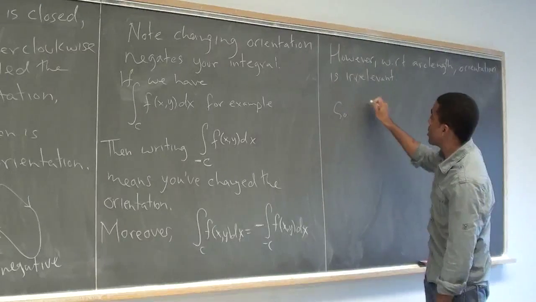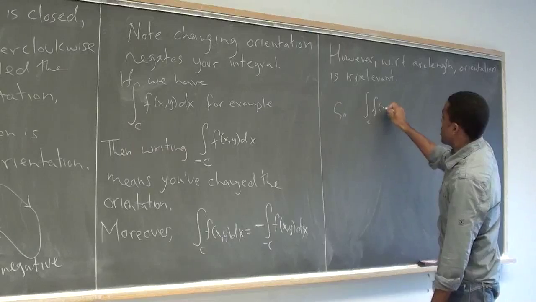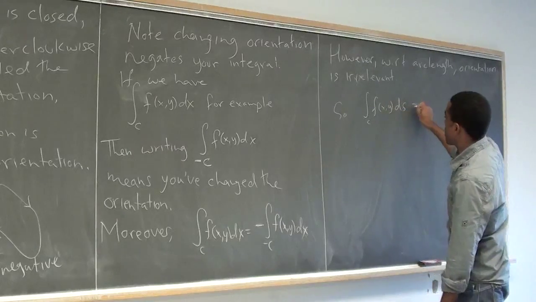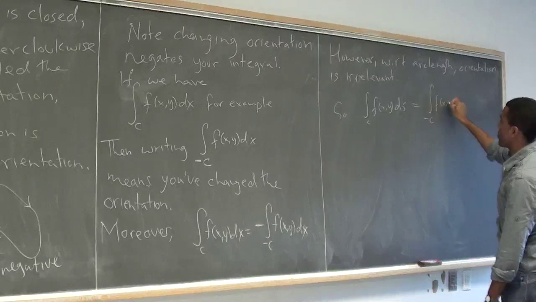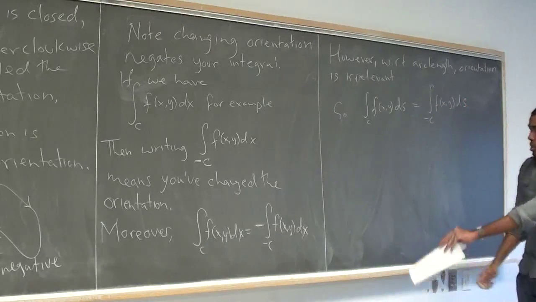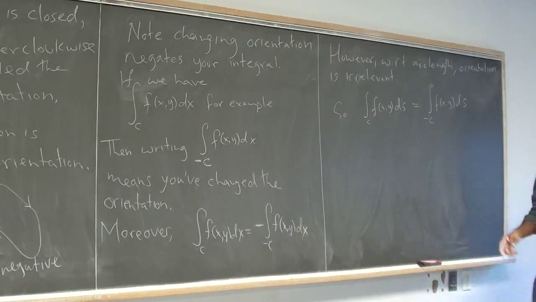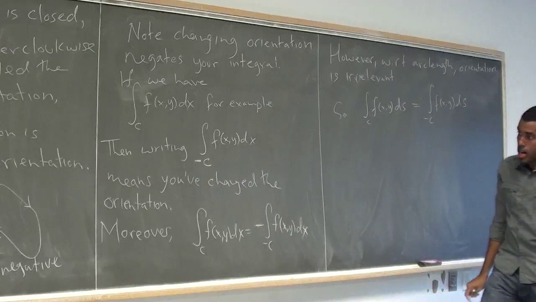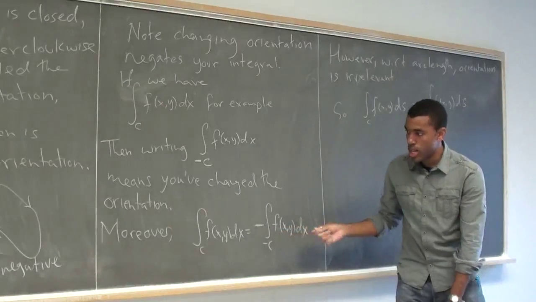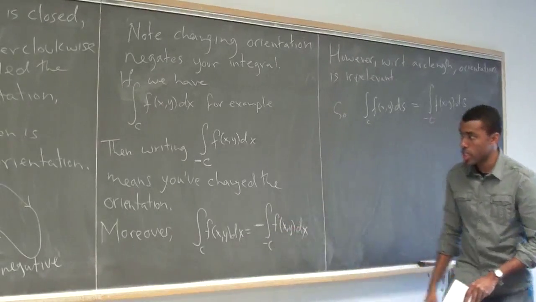So if you have this guy with respect to arc length, he's actually exactly equal to it if you reverse the orientation. There are proofs for this, but I won't go into them, but you realize that if you actually do this, it will always end up being the same. Whereas if you do it with a dx or a dy, it actually changes. You have to actually negate it.